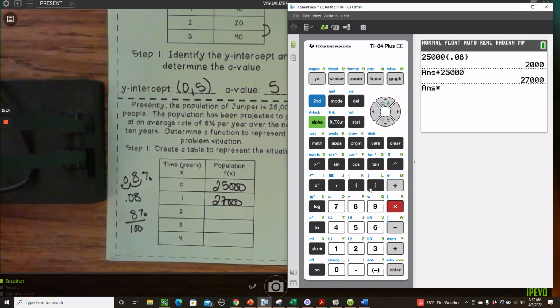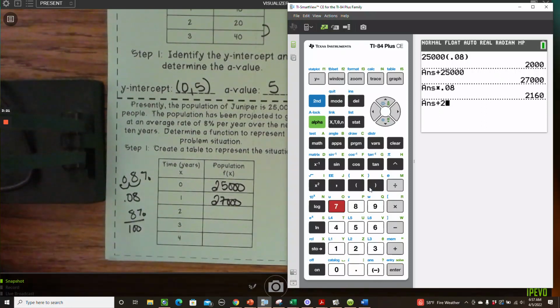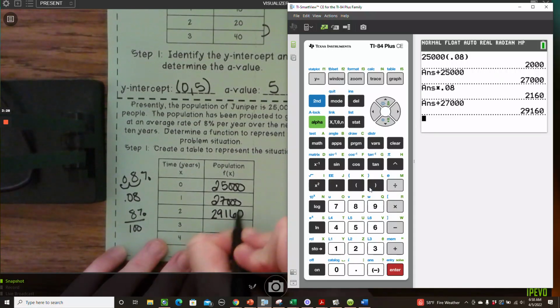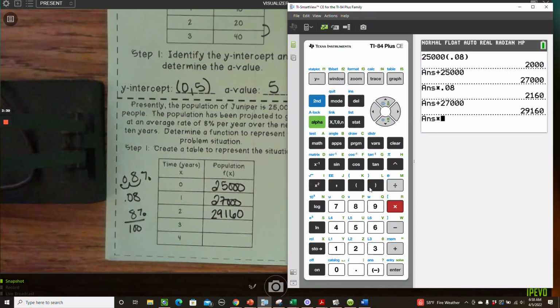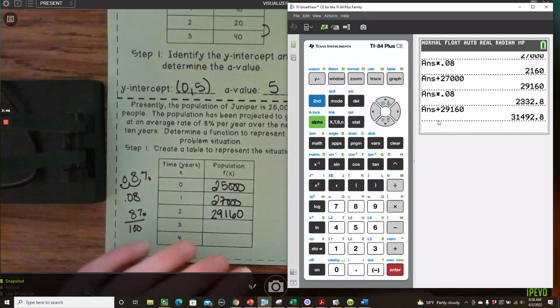And then I just do it again. I can just hit times and then the 0.08, and add it. Now we have to add it to the line above, 27,000. So I get 29,160. And when I'm hitting multiply like this, it's multiplying the 29,160 times my percent, and then I'm adding that 29,160 back to it.